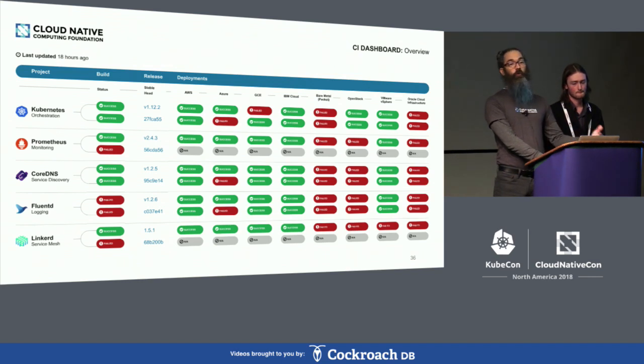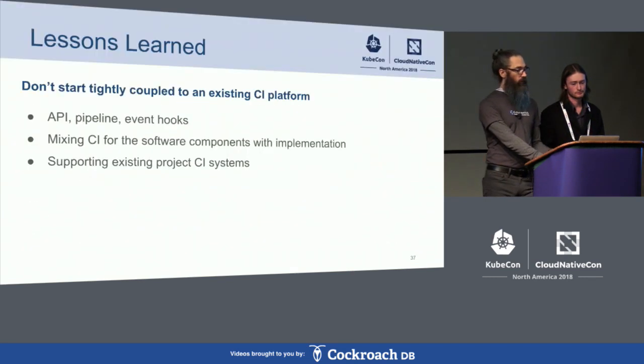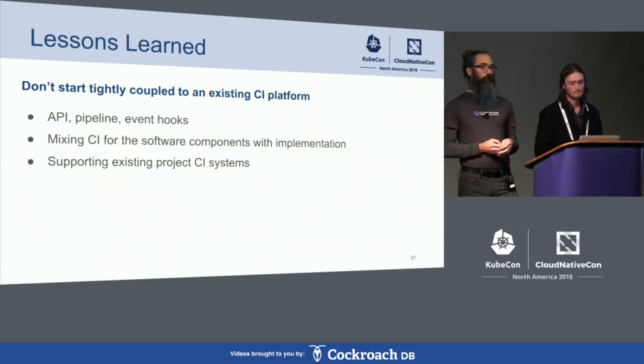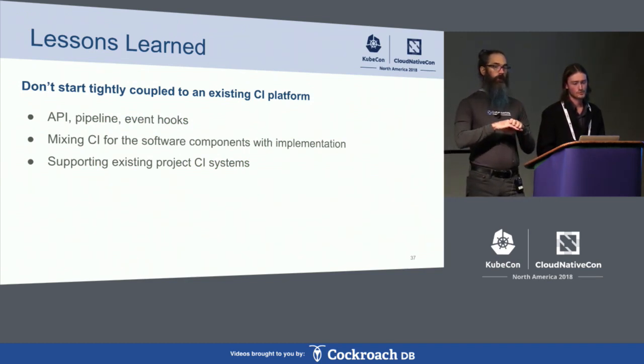We have lots of thoughts on where we want to go, but I think the decisions would have been made earlier driving those. Likewise, being tightly coupled to the existing CI system, which is GitLab, is what I'm talking about there.